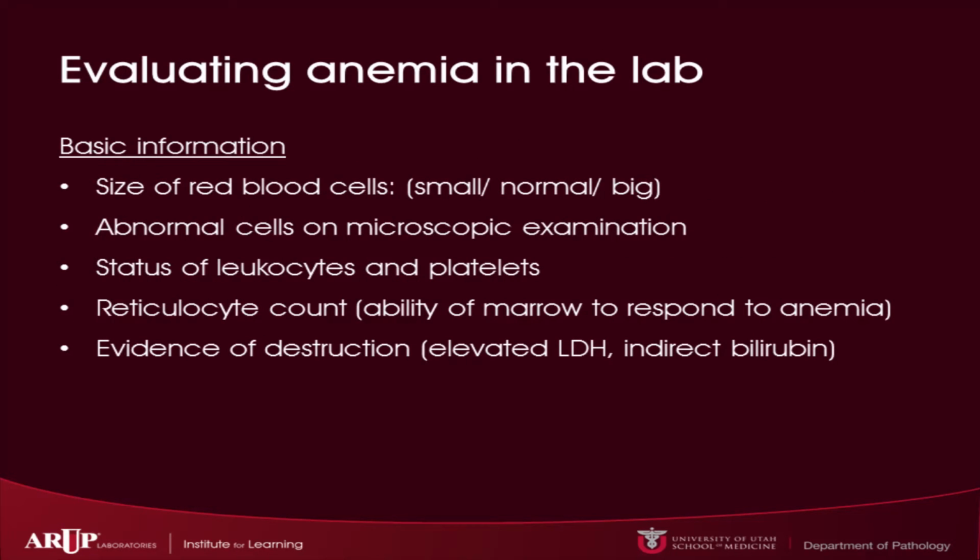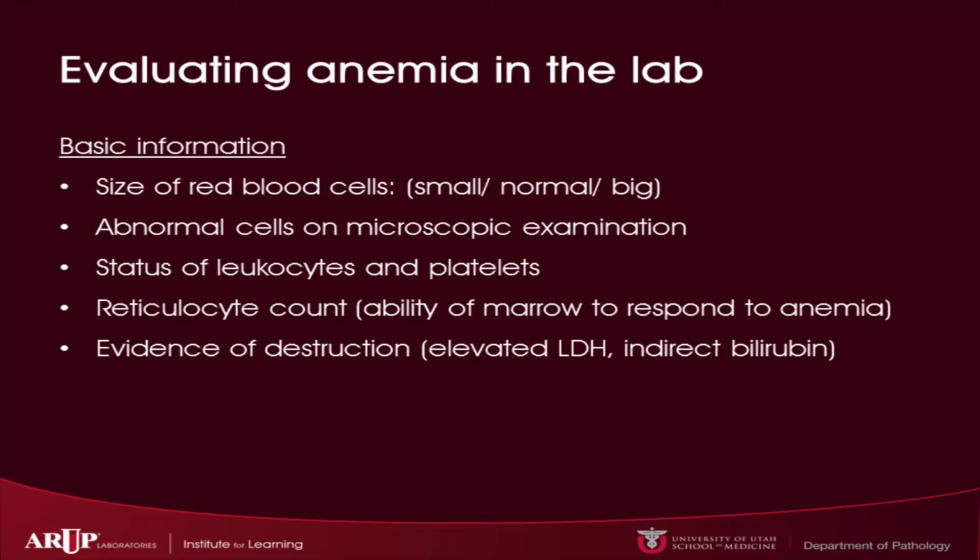So evaluating anemia in the lab, we need basic information, such as the size of the red blood cells, whether it's small, normal, or big, and that's determined by MCV, mean cell volume. We need to look at the microscope to see if there are any atypical cells, like sickle cells, which are one of the common examples. If we are seeing sickle cells, that means the patient has sickle cell anemia.